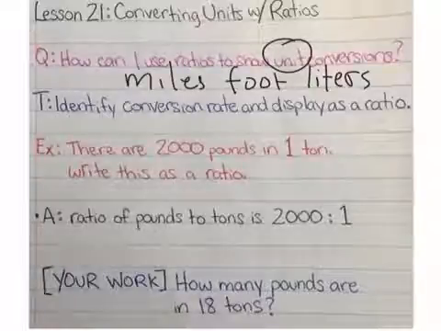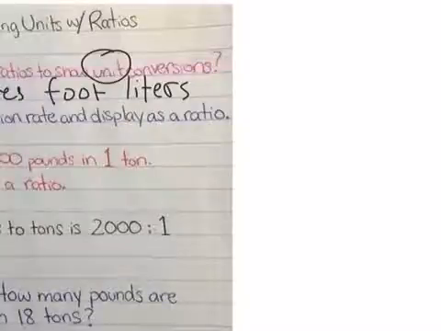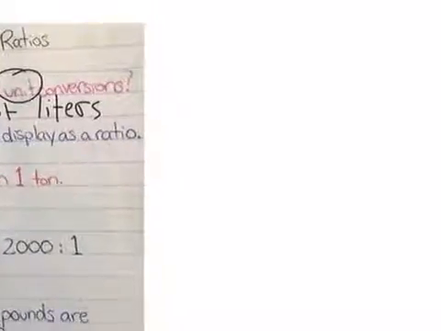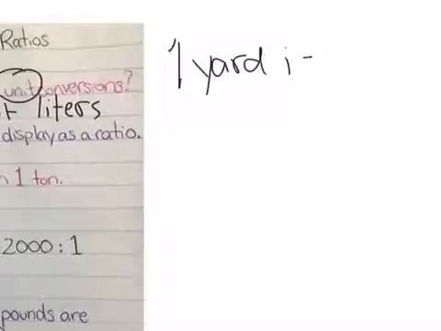To make this even more clear, let's come over here and just see if we can create a little unit table to help us just sort of remember what sort of stuff we're talking about. Here are a few really common unit conversions. So let's say 1 yard is 3 feet. Hopefully you know that.